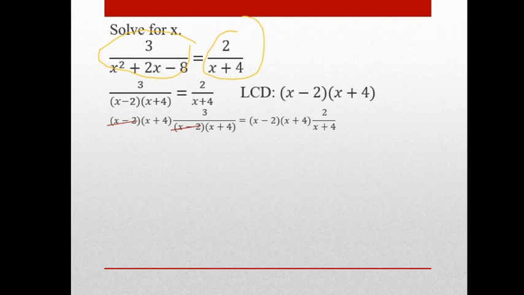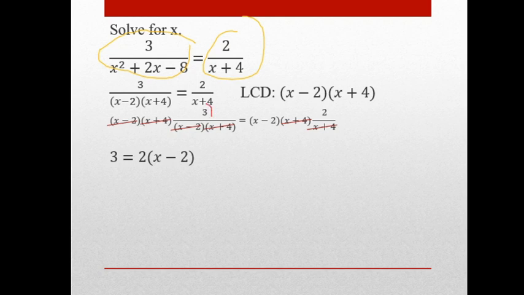So, i-cancel na natin. Tapos, x plus 4, maka-cancel na rin. So, matitira lang sa ating left side ay 3. Dito naman sa kabilang side, maka-cancel ba natin si x minus 2? Hindi. So, ano ang pwede natin i-cancel doon? Yon, x plus 4. So, pag na-cancel na natin siya, pwede na natin i-simplify. So, ang kalalabasan ng ating equation ay 3 equals 2 times x minus 2.